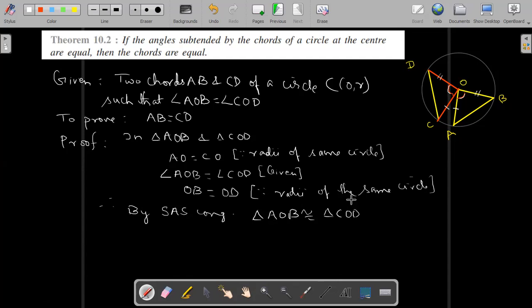When they are congruent, all the sides and all the angles are equal. So therefore AB is equal to CD by CPCT. Hence proved.